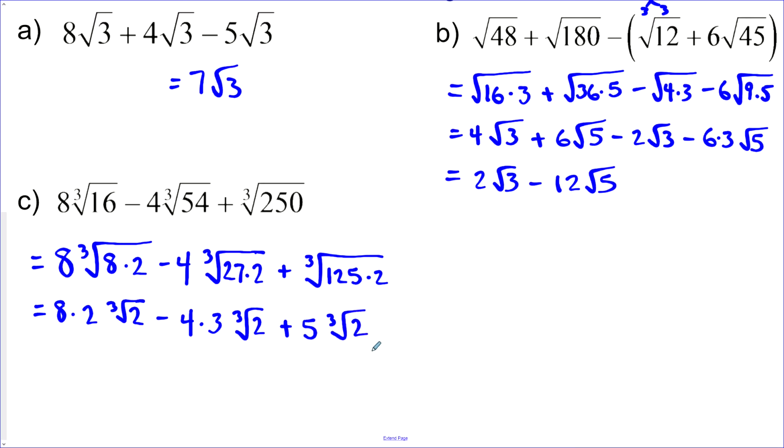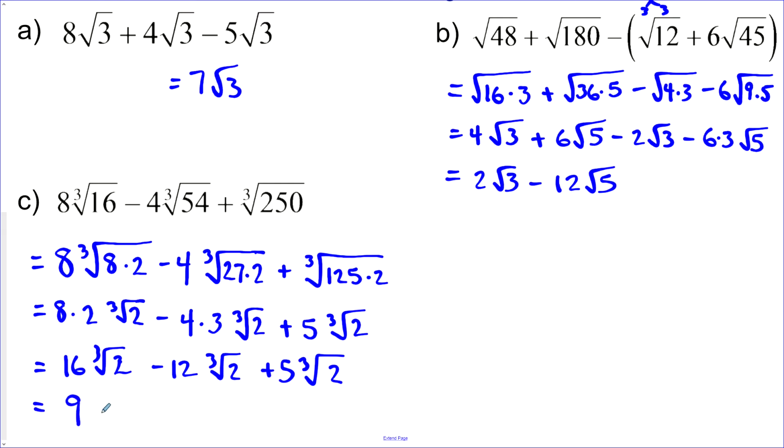Cubed root of 2. Now, it looks like these ones all were the same, so we're going to be able to add and subtract all of them together. So 16 cubed root of 2 minus 12 cubed root of 2 plus 5 cubed root of 2, and we put all those together, we get 9 cubed root of 2.